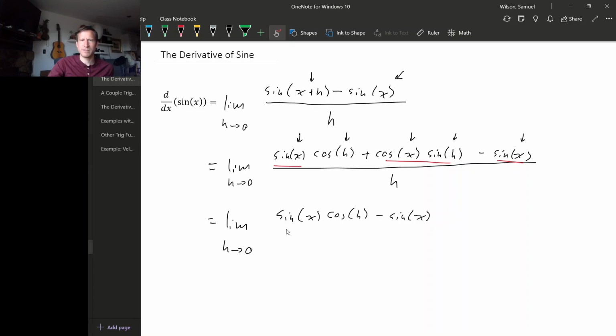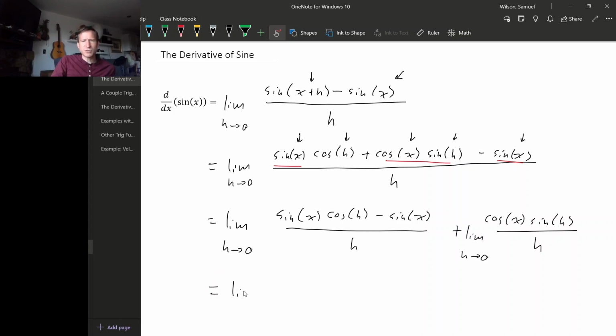And then let's put all of those over one copy of h. And then also we have cosine of x times sine of h over h. So let's take the limit of this piece as well as h goes to 0.